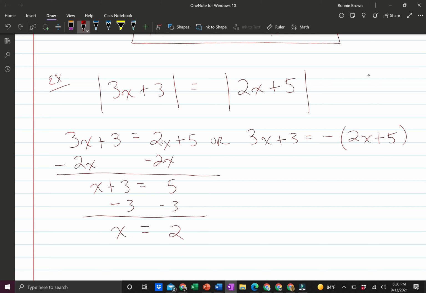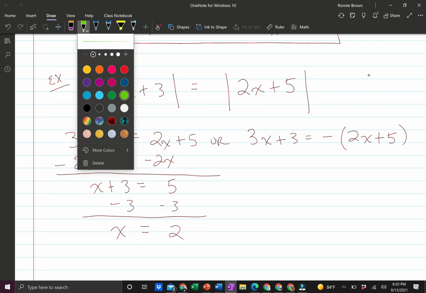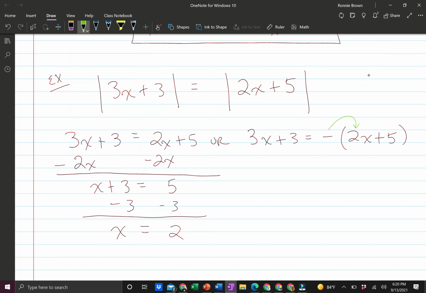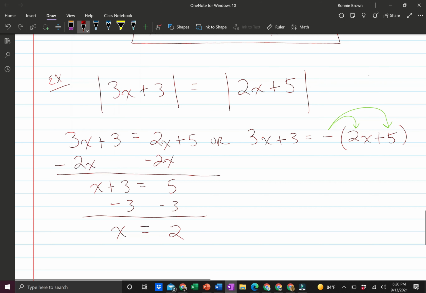All right, on this side, it's important to know that we go ahead and distribute that negative value times everything inside of the parentheses. So thus we get 3x plus 3 equals a negative 1 times 2x is a negative 2x. A negative 1 times positive 5 is a negative 5.